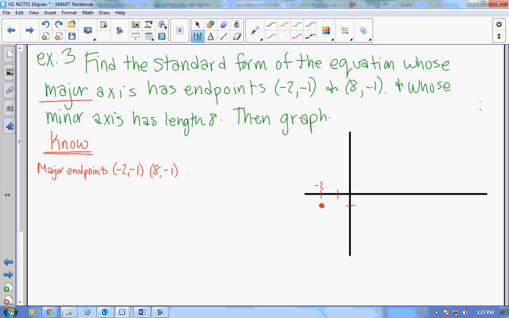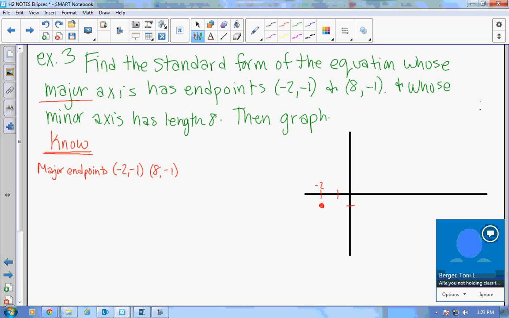Yeah? How do you know the major is the x-axis or the minor? Well, sorry, I got distracted by the message. This one's different. But we do know that the major axis is wide. Okay? So let's plot 1, 2, 3, 4, 5, 6, 7, 8.